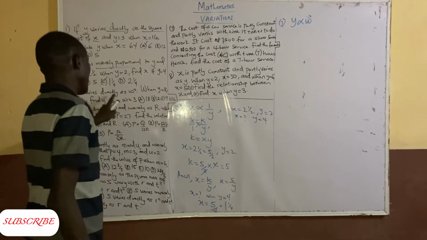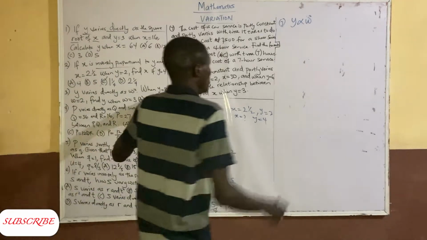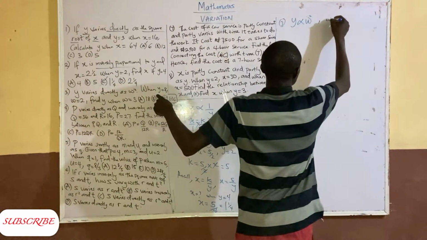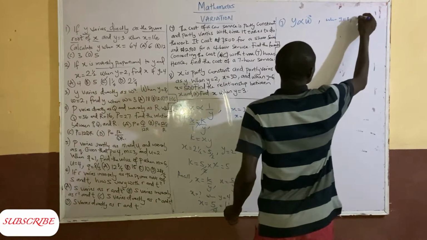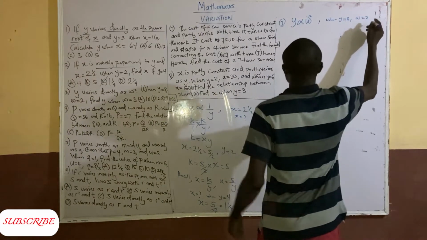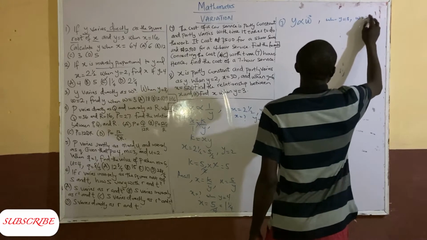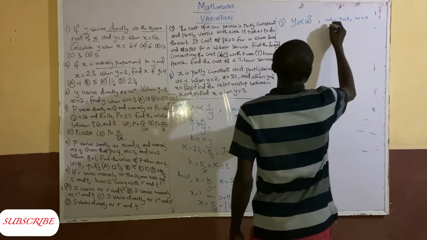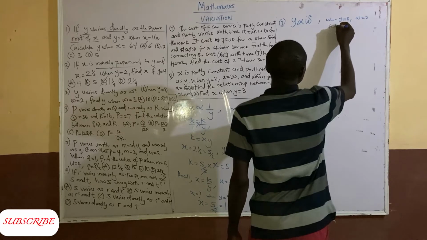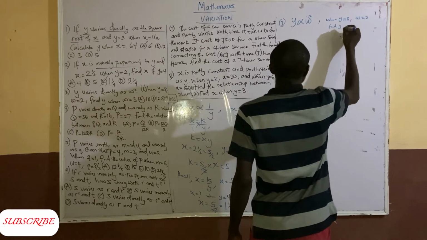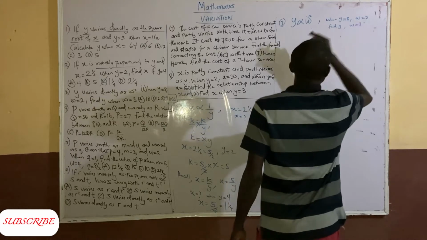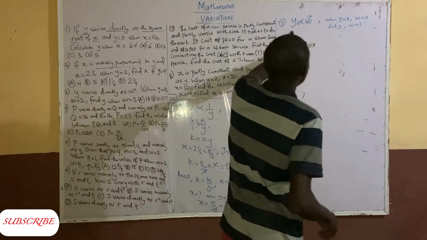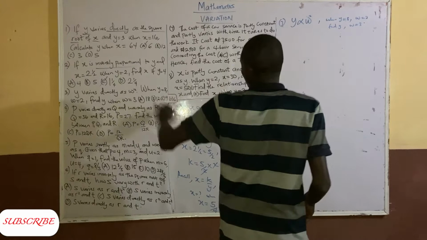When y is equal to 8, w equal to 2. Find y when w is equal to 3.